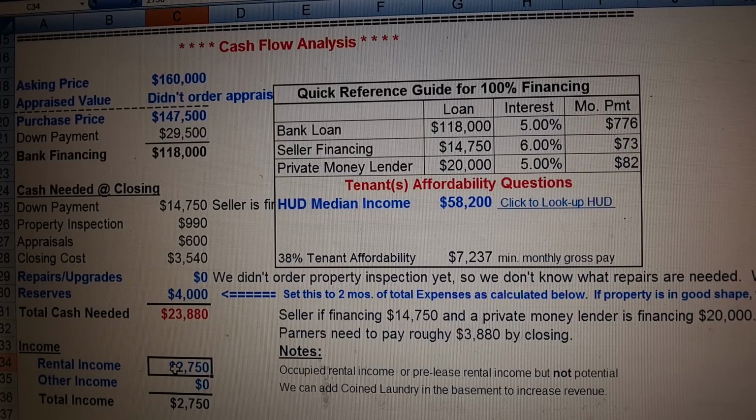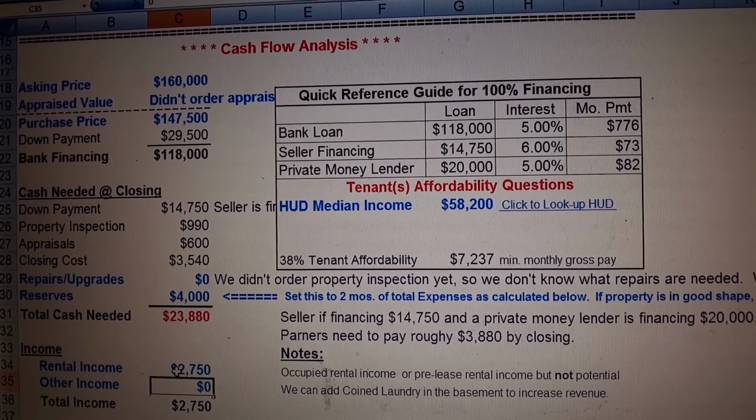Whatever's on the listing, which is basically a list of financials that the realtor gives you about the property, I want to make sure that matches up with the seller's operating expenses that he declared on his taxes, because they should be the same, right? If there are some differences, you want the seller to explain why.